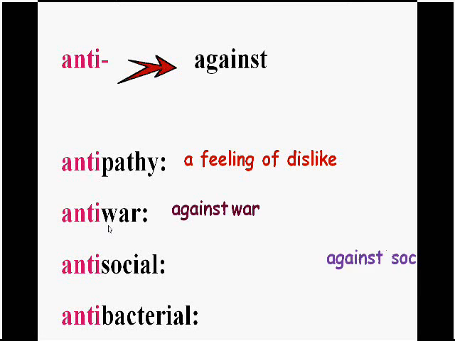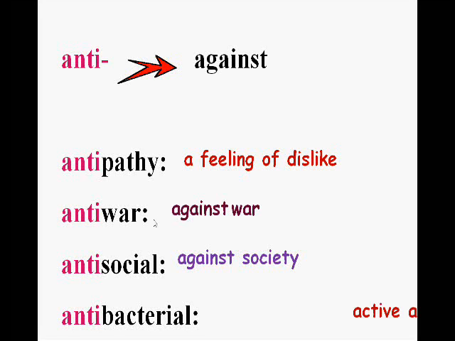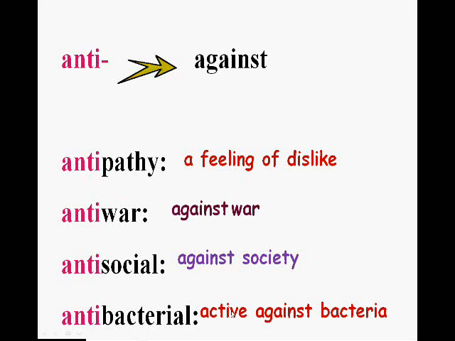Antisocial means against society, a person who lives alone, okay? Antibacterial means active against bacteria. And of course, it can be some kind of medicine or something like that, like antibiotics, okay? And antibacterials, antivirus, and so on.